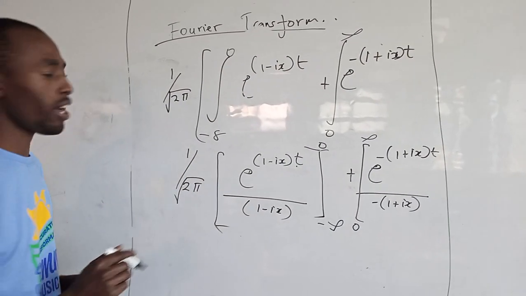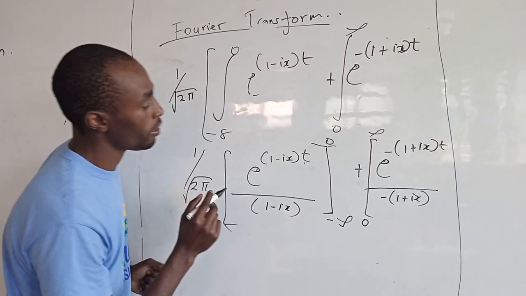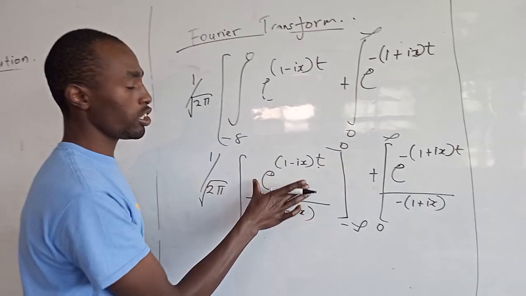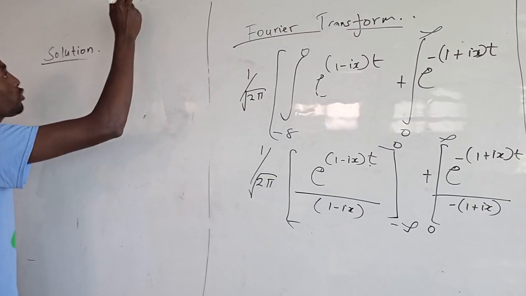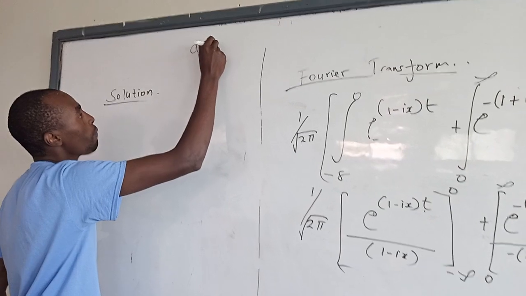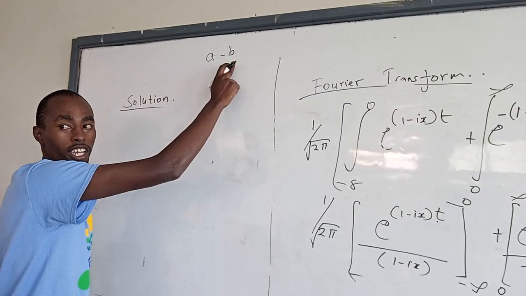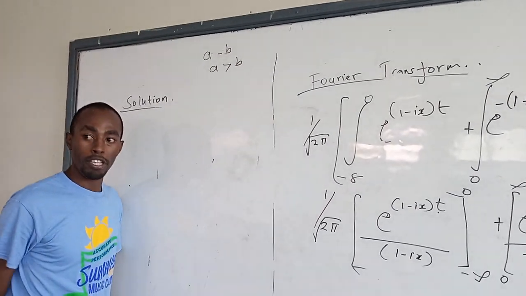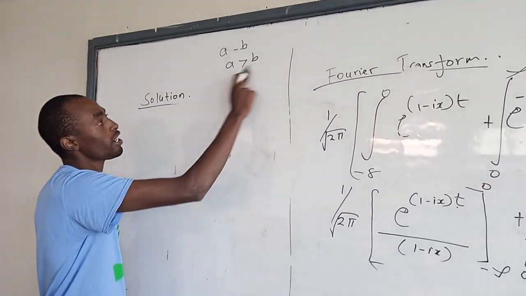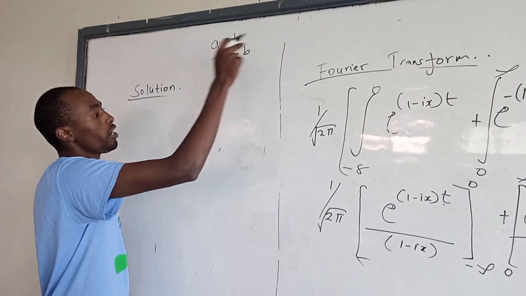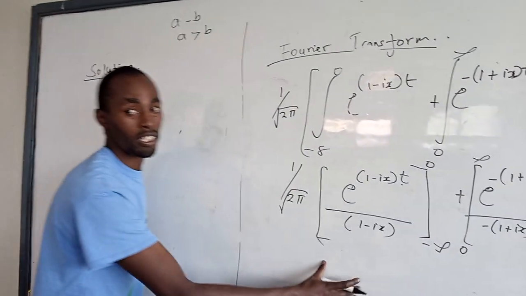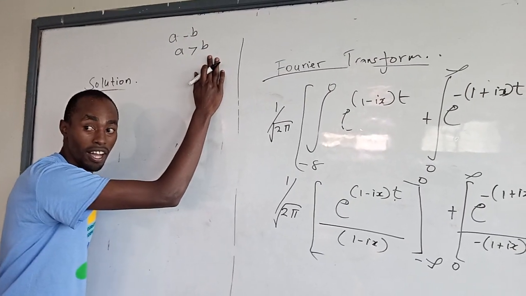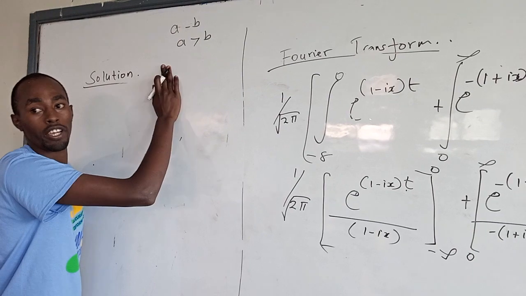Now we are at a good place. When you reach here in integration, it should be a minus b, and a should be greater than b. When you are integrating, make sure it is the bigger value minus the smaller value, not the other way around.